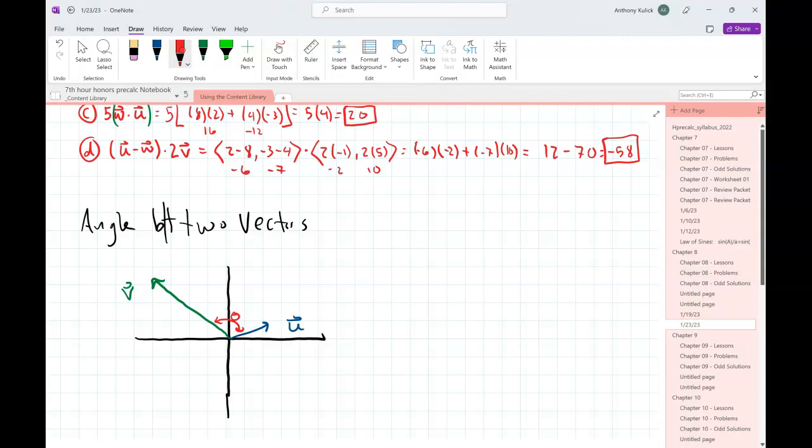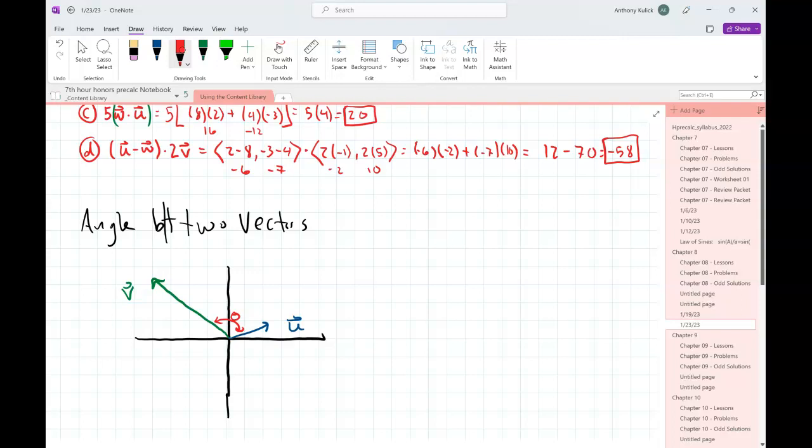Everybody okay there? What is this starting to look like as I draw this picture? Okay, a triangle, I would say. So let's complete the third side of this triangle.